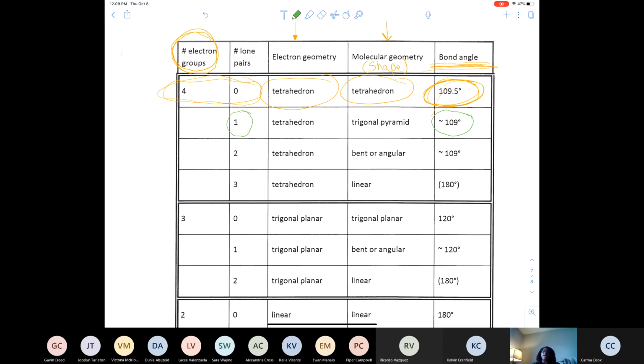Because of that lone pair of electrons sitting on that nitrogen central atom, it kind of makes the bond angles shrink slightly. And notice also that the shape for ammonia is not going to be tetrahedron. It's going to be trigonal pyramid.